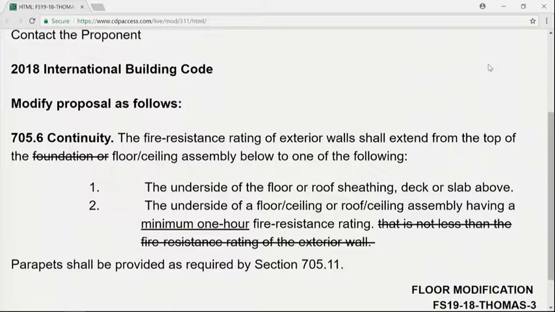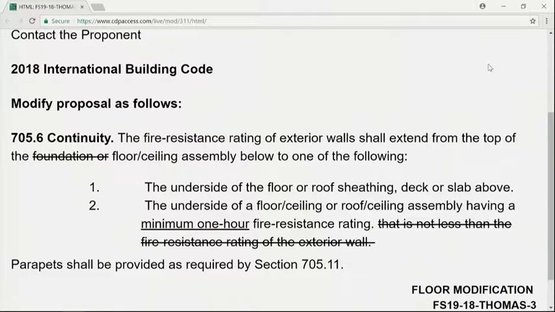Further opposition? Steve? Steve Scalco for the Masonry Alliance for Codes and Standards, and I've got to admit I'm speaking in opposition to the code change as well as the amendment, but especially the amendment because of what the proponents have said. If you have a type 3 building, exterior walls required to be 2-hour rated, with this amendment, you've got that 2-hour wall coming down and stopping at a 1-hour rated floor system. And then from there down, it doesn't tell you what to do.